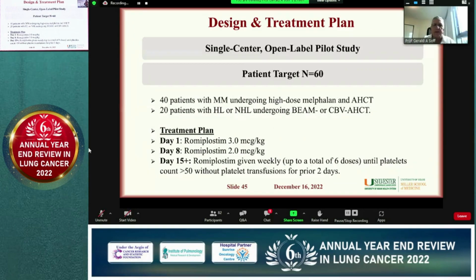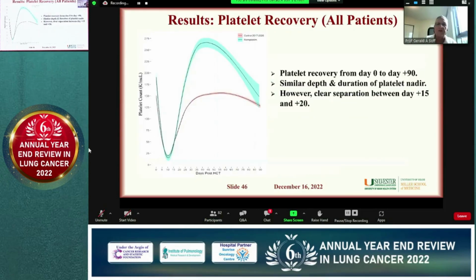We enrolled 60 patients, 40 myeloma, 20 lymphoma, and everyone got a fixed dose of 3 micrograms per kilogram post-transplant day 1, 2 micrograms per kilogram post-transplant day 8, and, but only if needed, after day 15, any further doses. And this is just showing here the results.